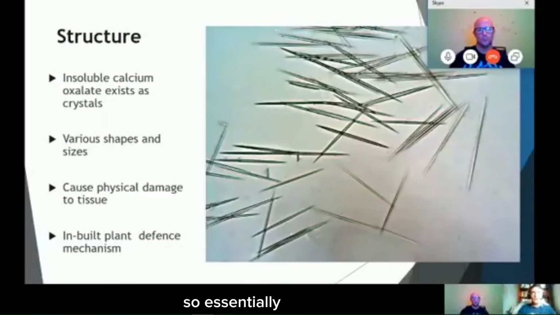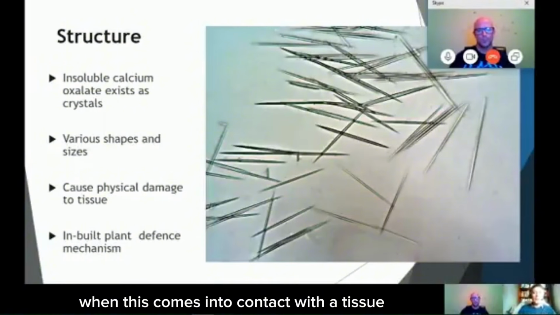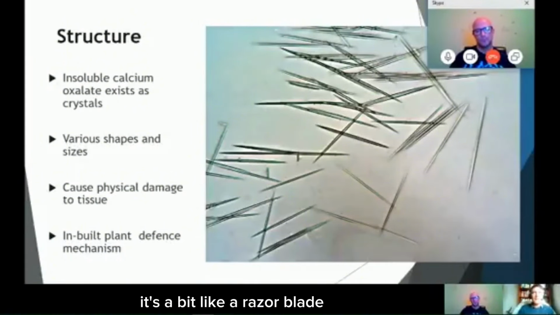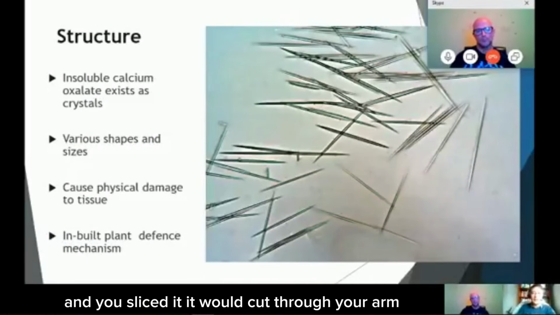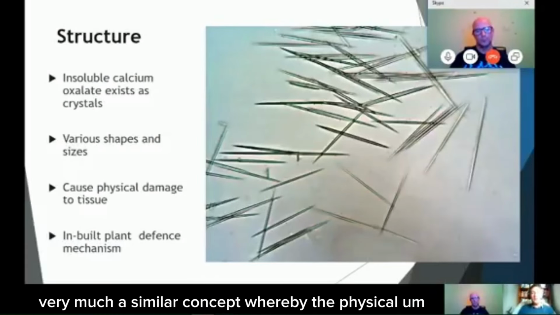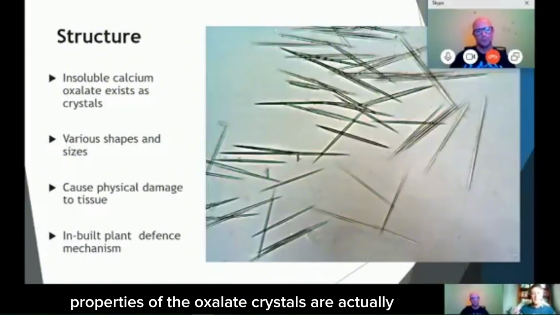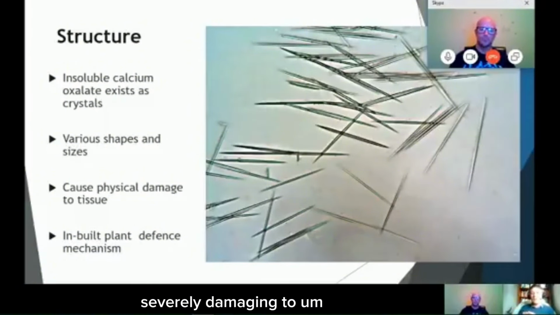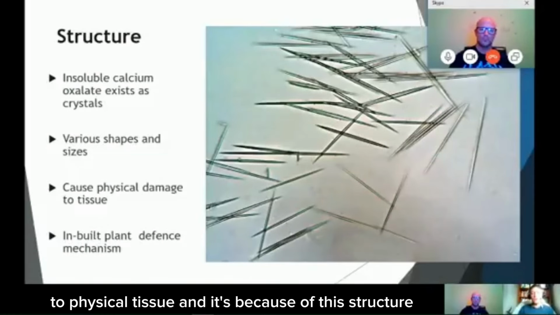So essentially, when this comes into contact with a tissue, it's a bit like a razor blade. You can imagine if you held a razor blade to your arm and you sliced it, it would cut through your arm. And it's very much a similar concept, whereby the physical properties of the oxalate crystals are severely damaging to physical tissue.